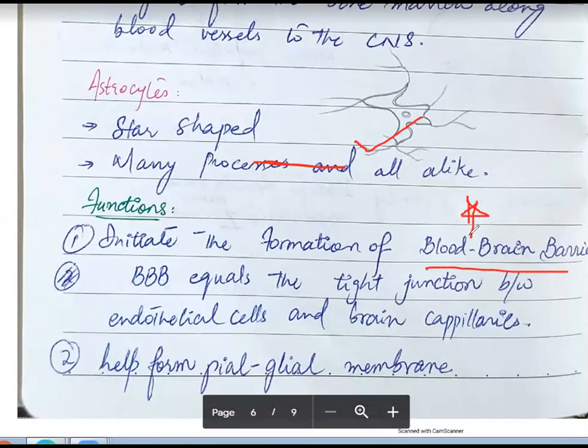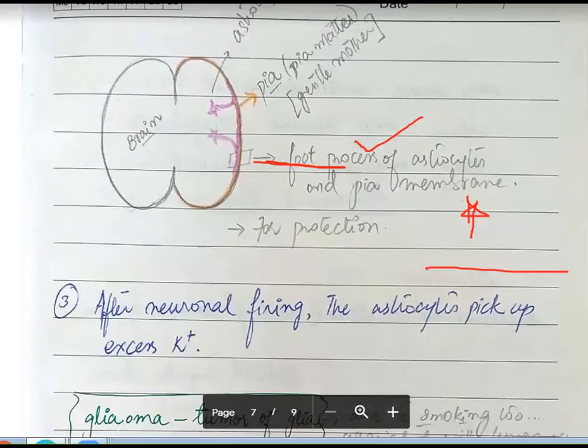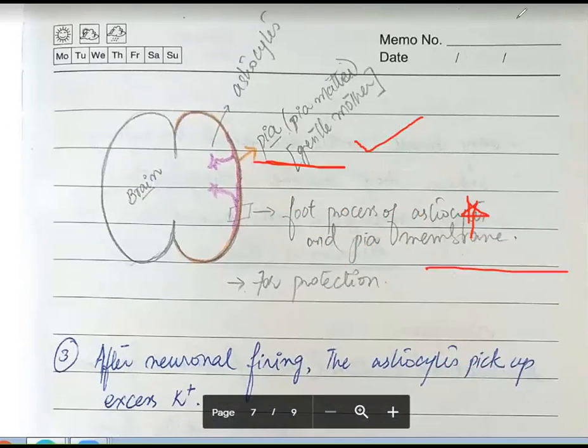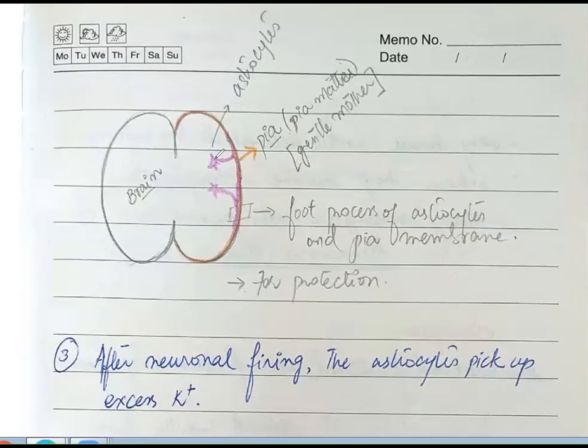Astrocytes form blood-brain barrier. There are other functions also written over here. They are star-shaped, they initiate the formation of blood-brain barrier, they have tight junctions and glial membrane. Just see this picture, you will understand. You see these are astrocytes and this is pia mater. So their projections, the foot processes, are reaching the pia membrane.